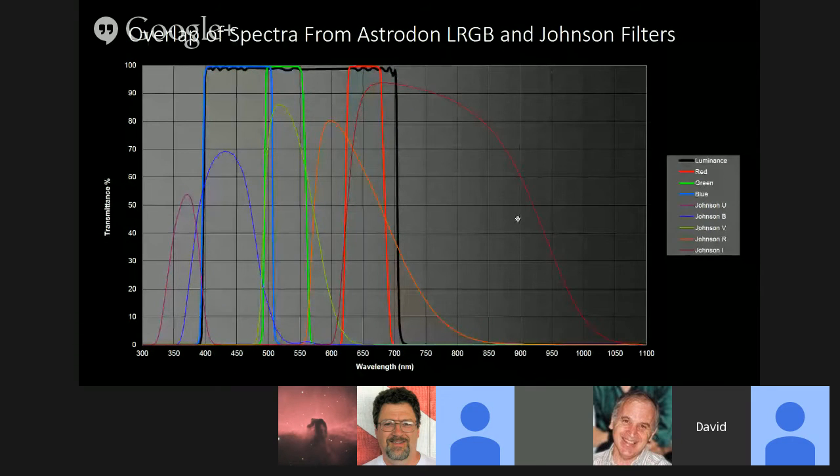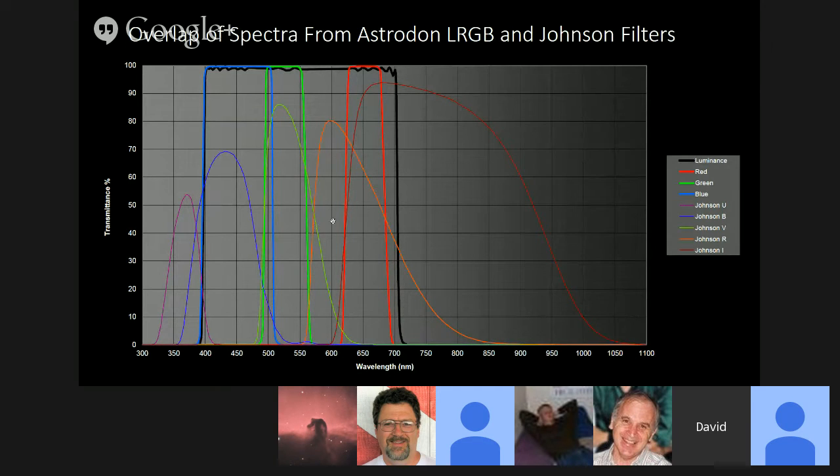This one is the Johnson filter set. You can see the Johnson is a little bit wider band with more slope to it. The V band is primarily green, the B band is primarily blue, the R band is primarily red with some infrared component.